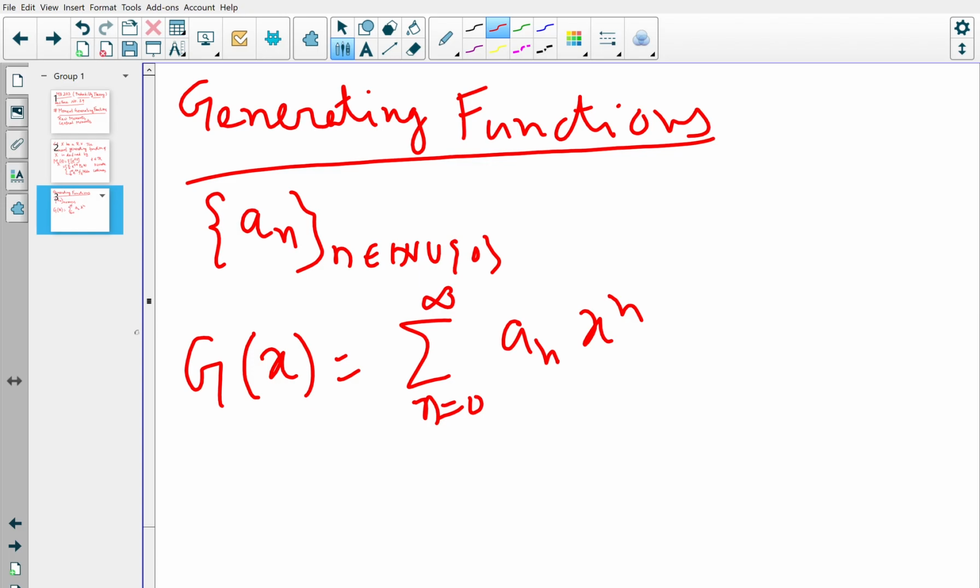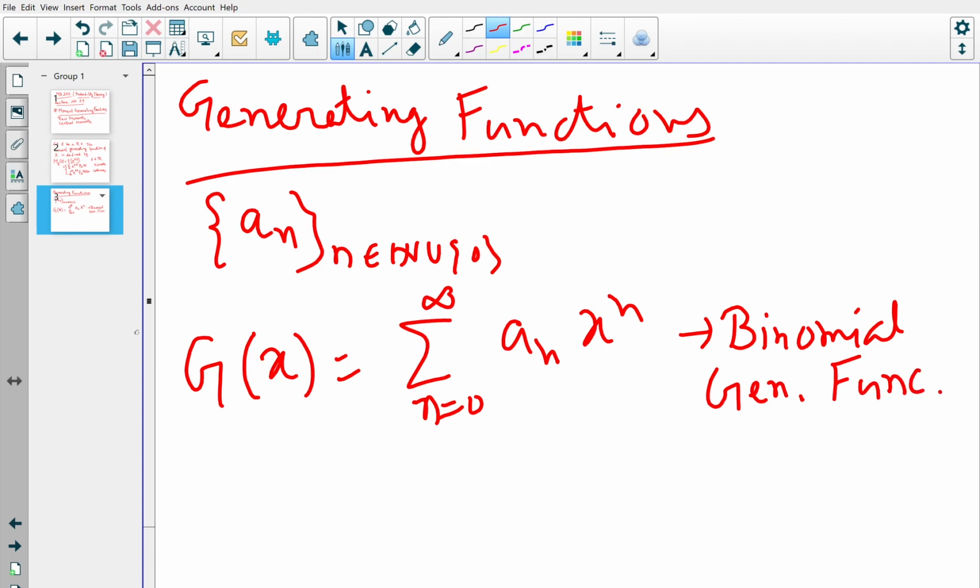This is called the binomial generating function, and there is one more type called the exponential generating function. There are many types, but let me just tell these two.